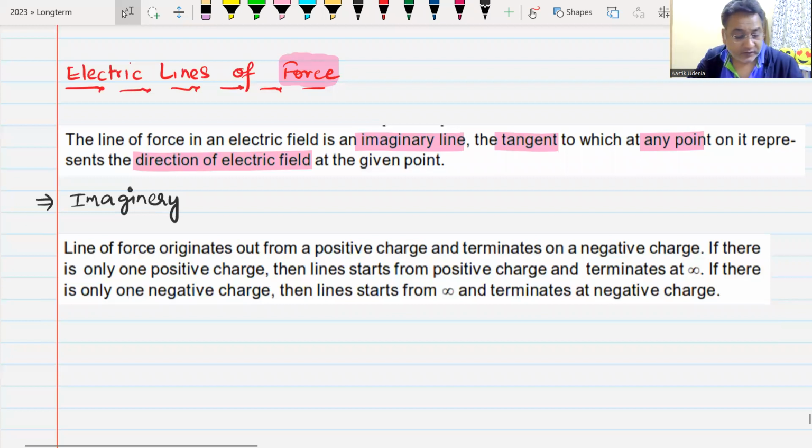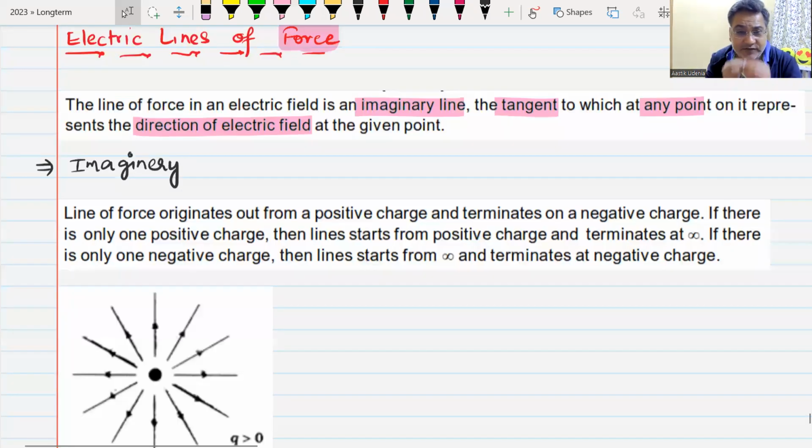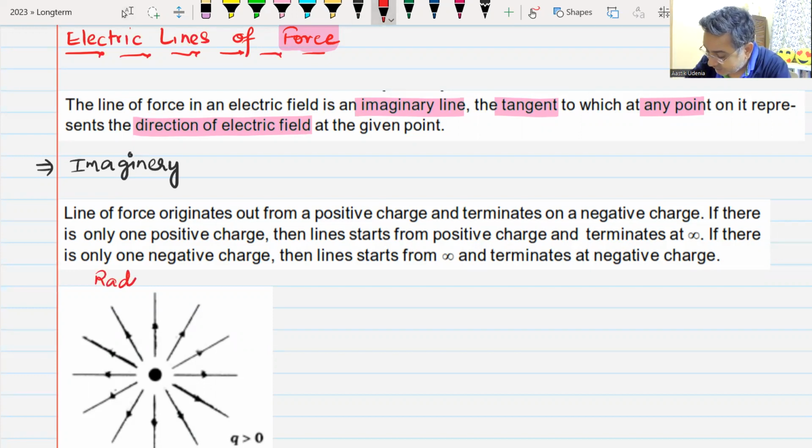Yes, sir. If there is one positive charge only, the electric field lines will start from that charge and will go till infinity, just like this. This is one positive charge that is shown here. As you can see, for a point charge, the electric field lines are going radially outward.